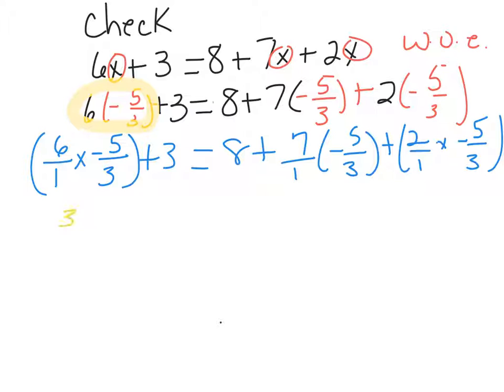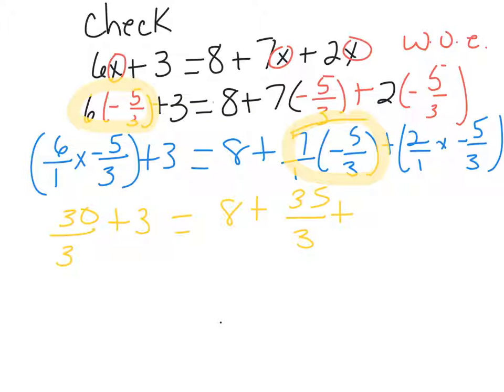We will multiply this, and now we have 30 over 3 plus 3. We have 8 plus, and this one, let's see if I can do that again. Ooh, I did. Okay. 8 plus 7 times 1, if I could write this correctly, is going to be 35 over 3.